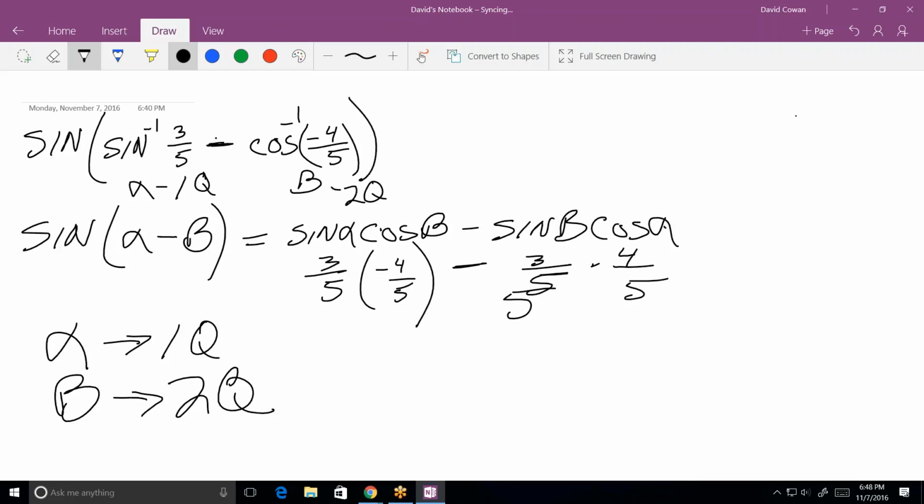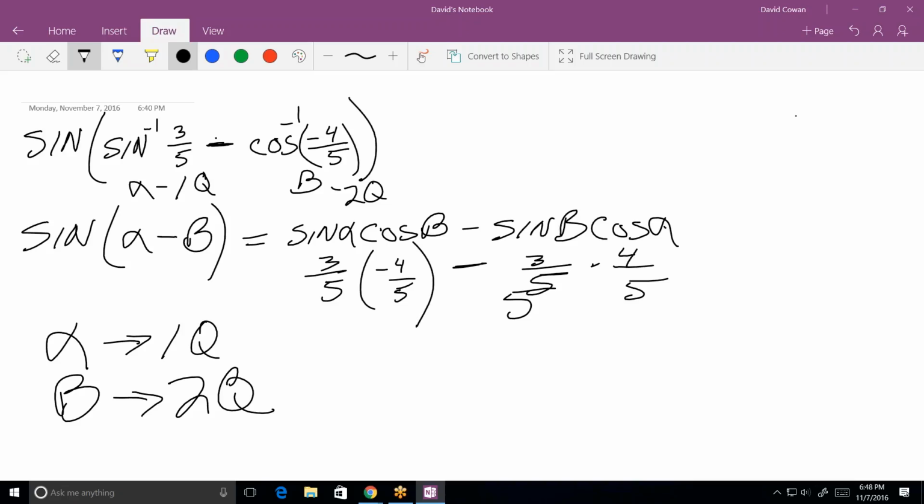It's the inverse cosine of a negative number, and that's a second quadrant angle. However, it looked like they were the same. Alpha is the same size as the reference angle of beta.